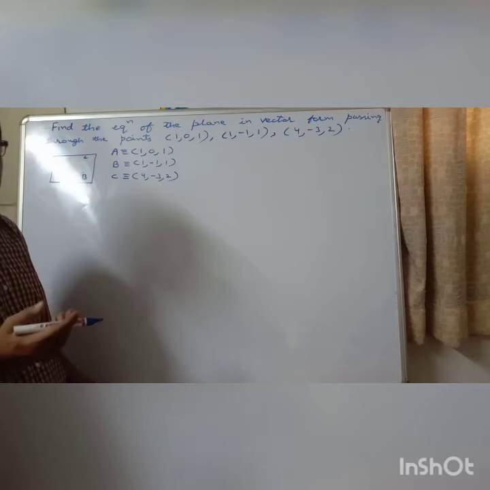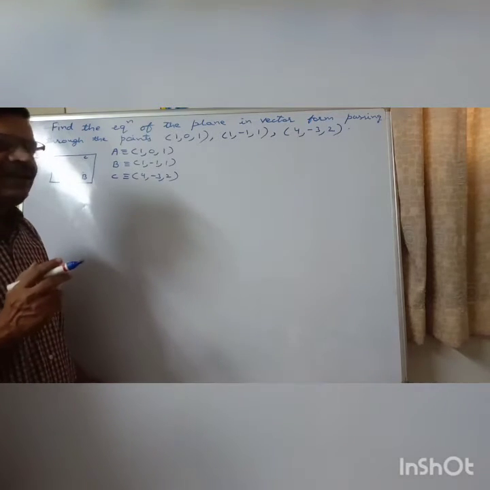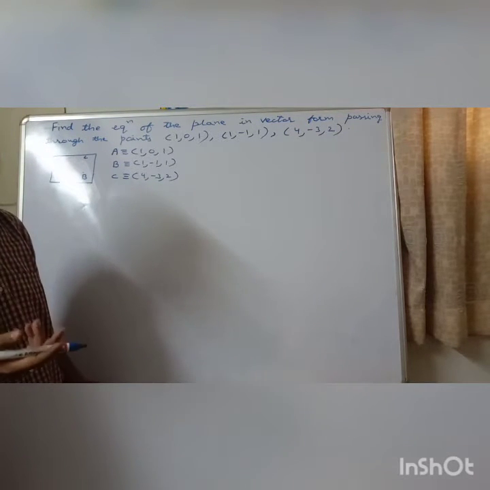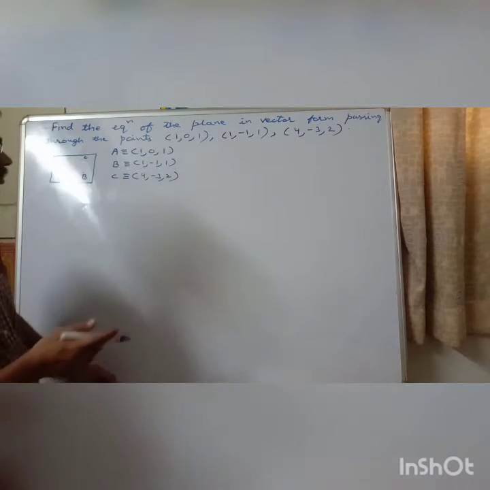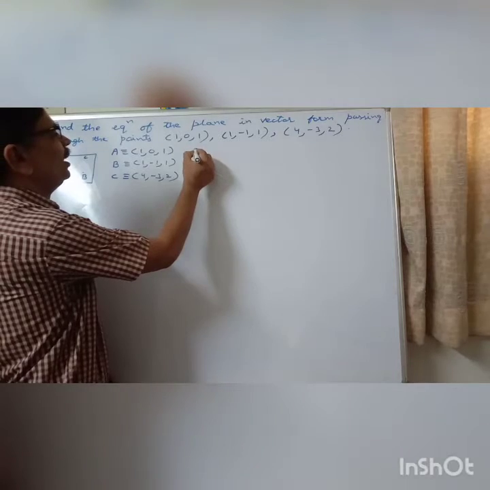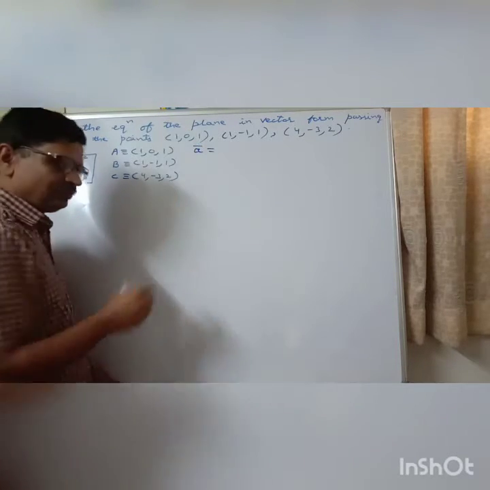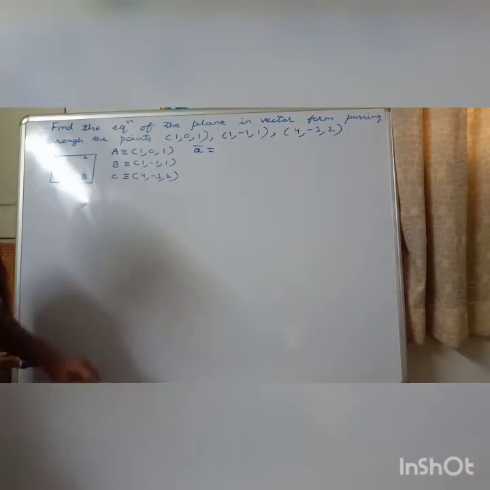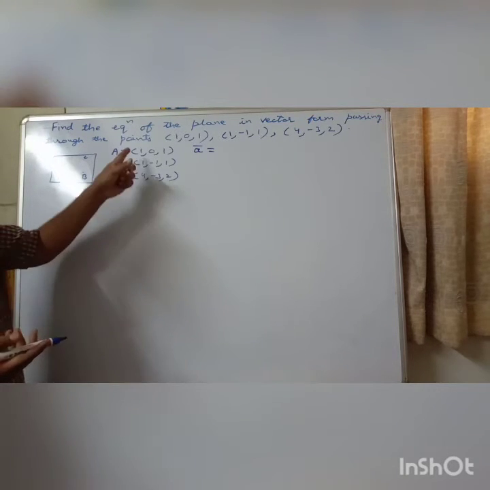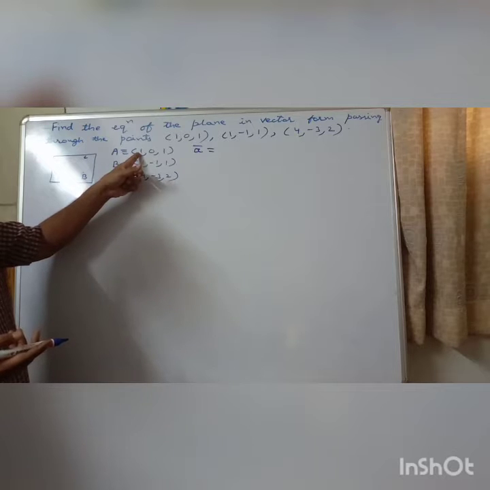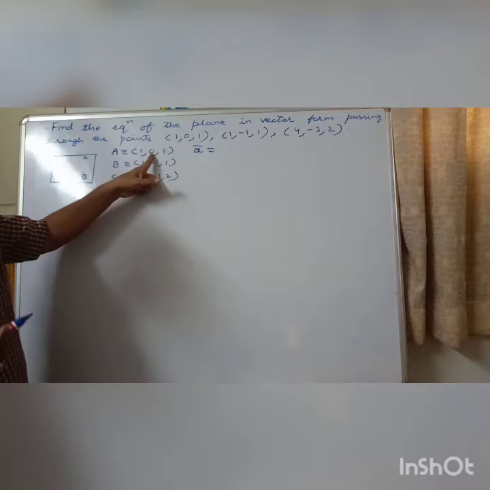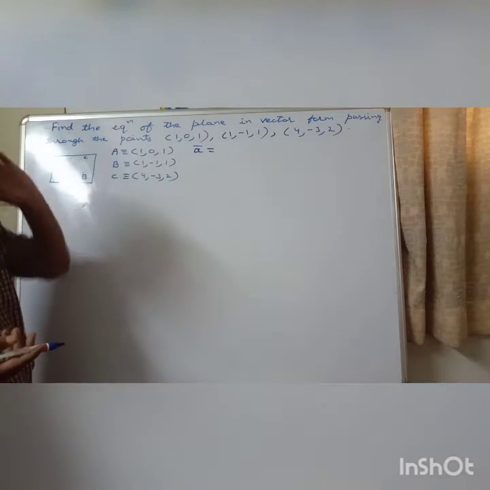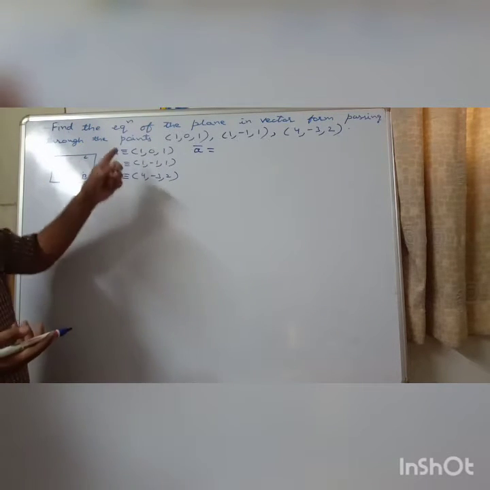The position vector of a point is a vector directed from the origin towards that point. Position vector of point A, OA bar, is usually denoted as A bar. Coordinates of a point become coefficients of unit vectors i, j, k. X coordinate becomes the coefficient of i, Y coordinate of j, Z coordinate of k.